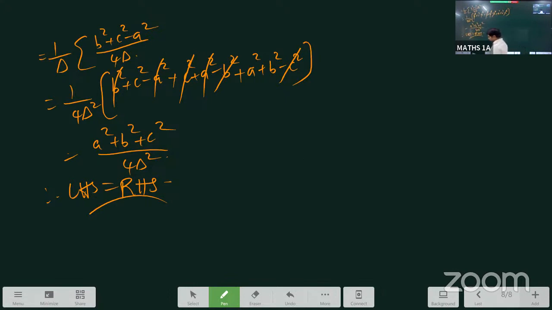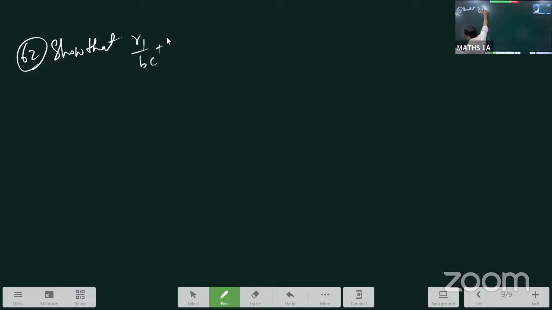Next, most important sum. Very, very important sum. Show that R1 by BC plus R2 by CA plus R3 by AB. See, we are doing exam point of view, very, very important questions which were asked in your previous years.